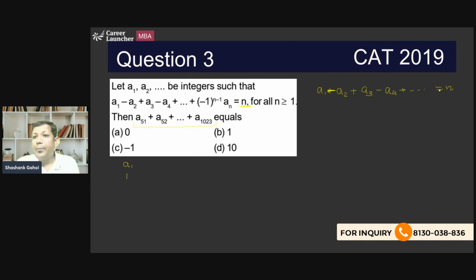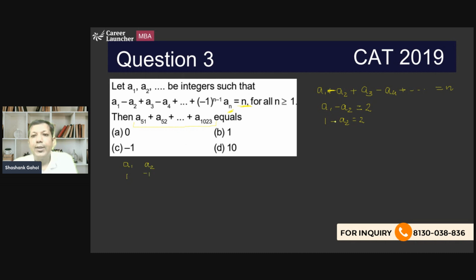Okay, if I put n equal to 2, so this is the sum till this point, I am going to get a1 minus a2, and that's equal to 2. So a1 is 1 minus a2, and that's equal to 2. So from here I can say that a2 is equal to minus 1.